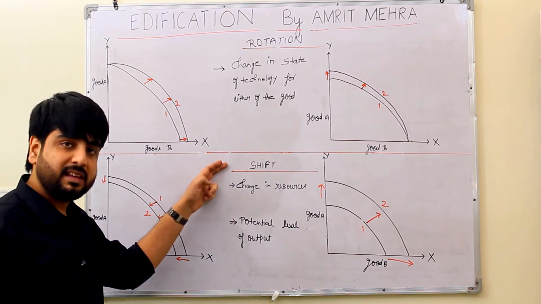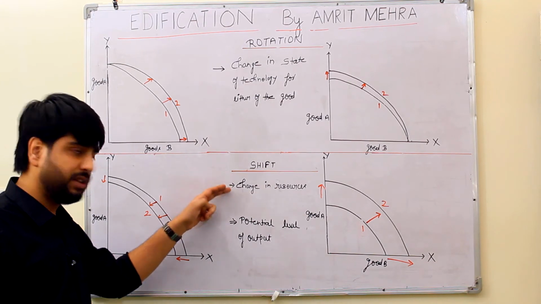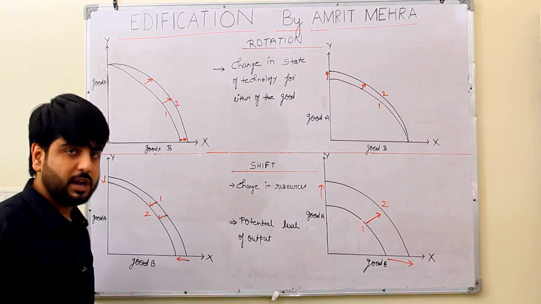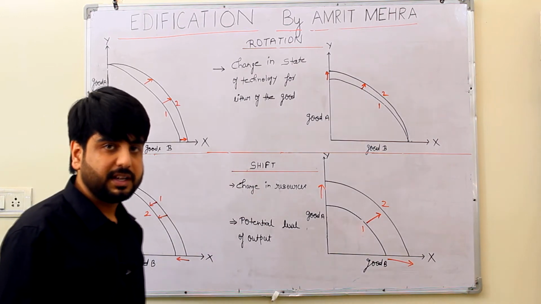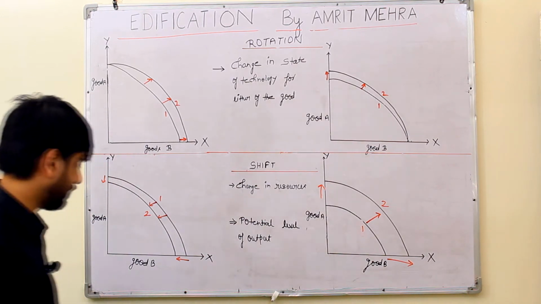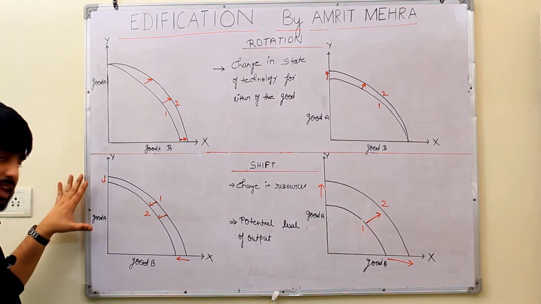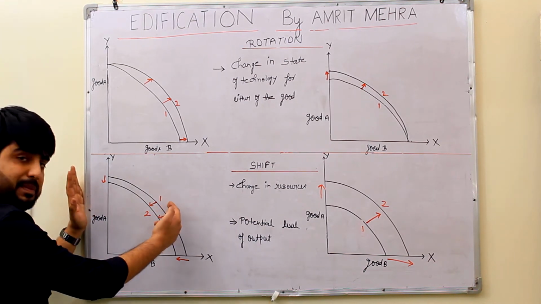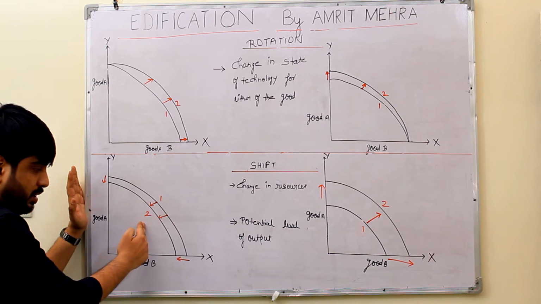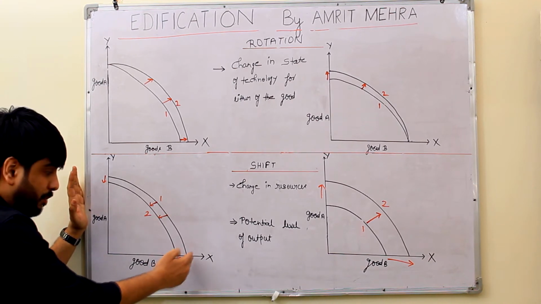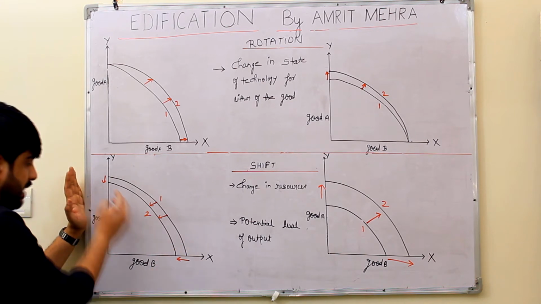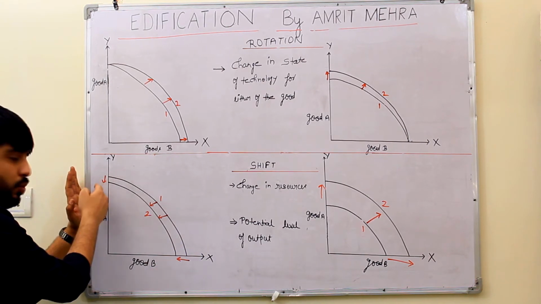The shift of PPC is happening because of change in resources or the potential level of output for the existing laborers increasing or decreasing. Now, in this case we show the change of PPC from PPC 1 to 2 and a decrease in the production for good B from rightward to leftward and for good A from upward to downward.